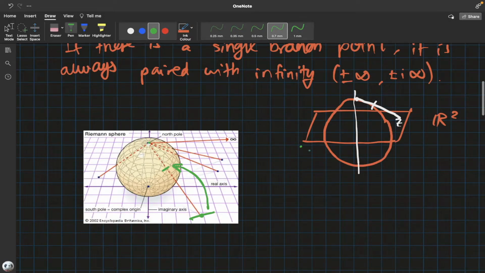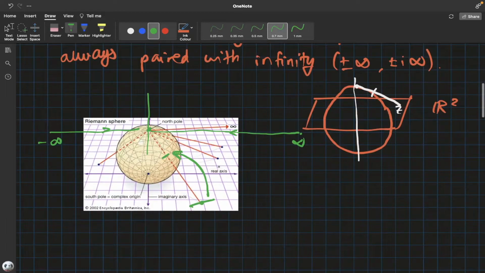It's always going to be parallel, so it's not going to intersect the sphere at any point. So you can think of infinity being mapped to the North Pole, and that holds for any infinity. This is positive infinity. Same thing for negative infinity, and same thing for the imaginary infinities as well. So all the infinities are crunched down to this one North Pole here.